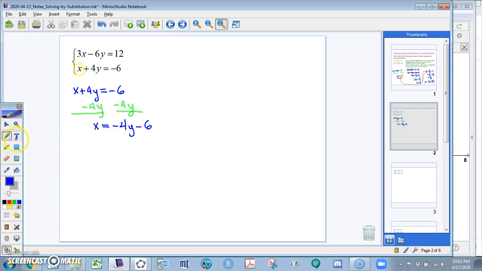Now I'm going to take that expression I found and plug it into the other equation in place of, not y, but x. So that will give me 3 times the quantity negative 4y minus 6, and then minus 6y is equal to 12.